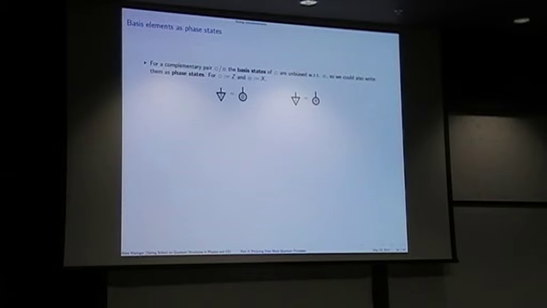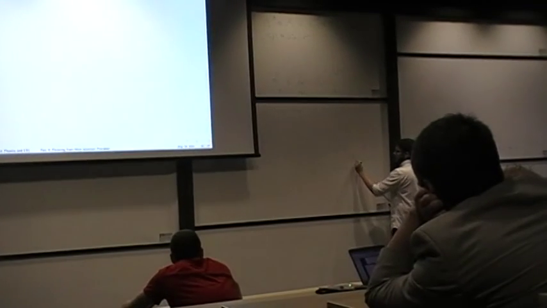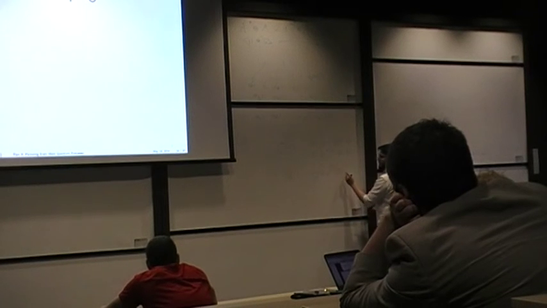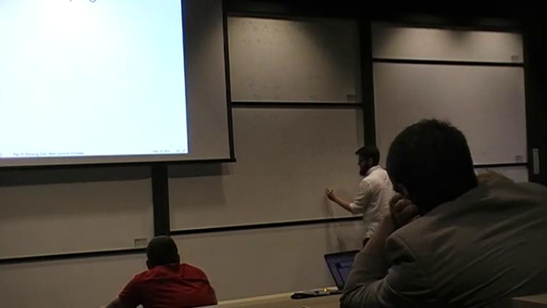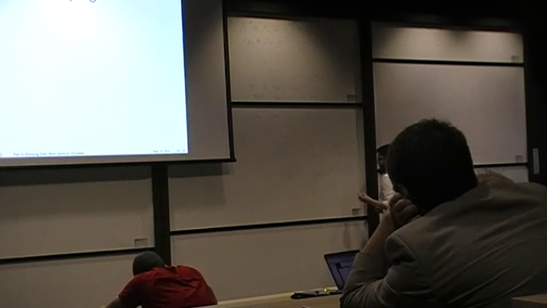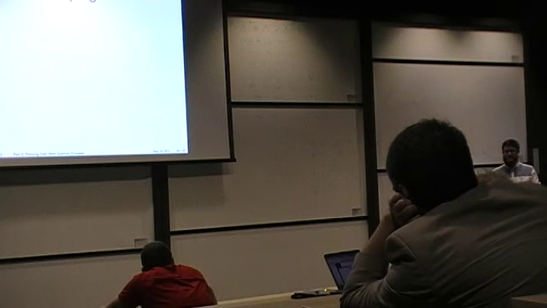So in 2D, we can write the 0 state as a gray 0 phase, and we can write the 1 state as a gray pi. So that's just plus, minus. It just gives us a way of writing those basis states in terms of phases of the other.